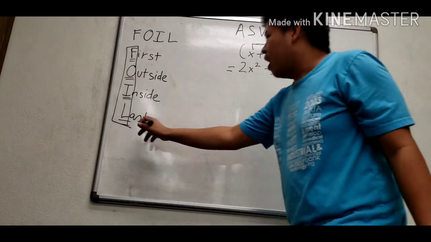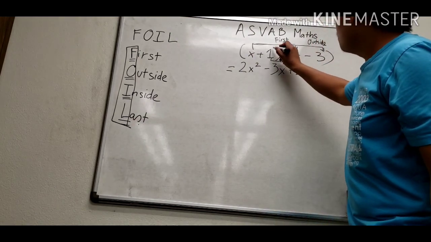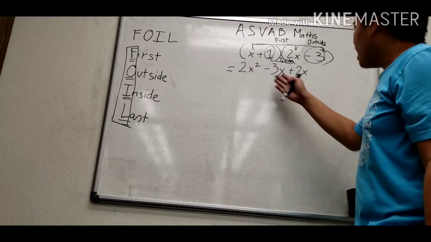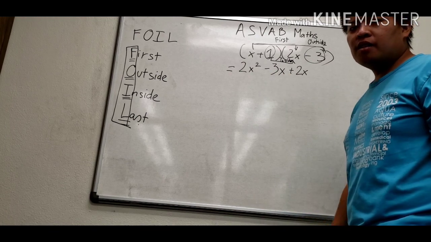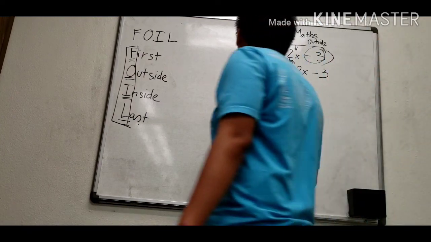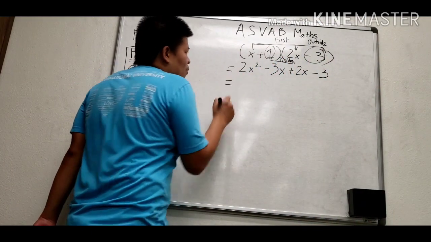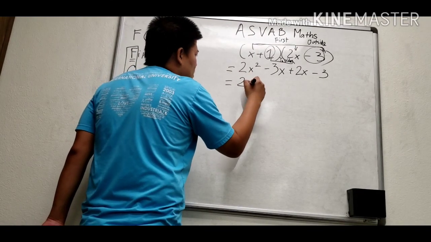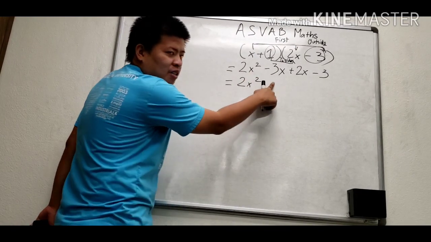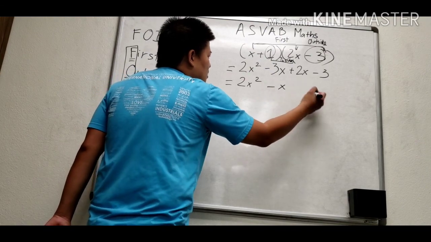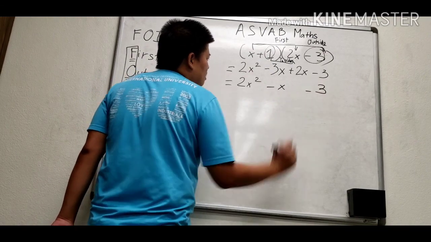And last, it means 1 in here, and we have minus 3 in here. This is the last number in the factor. So we have minus 3. When we sum together, we have 2s power 2 minus 3s plus 2s is about minus s and minus 3.